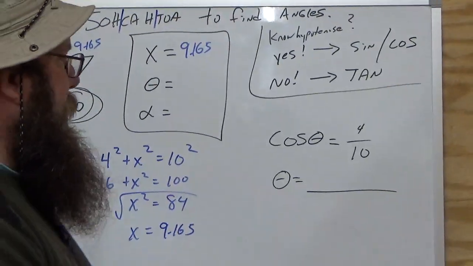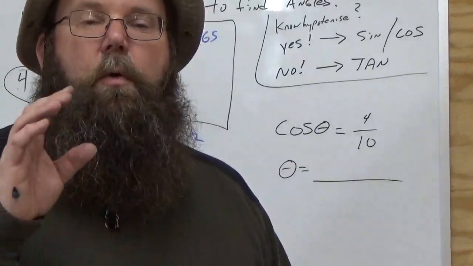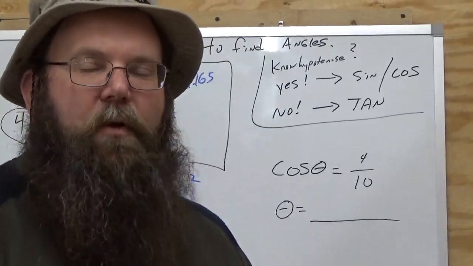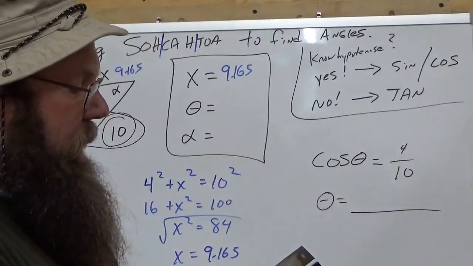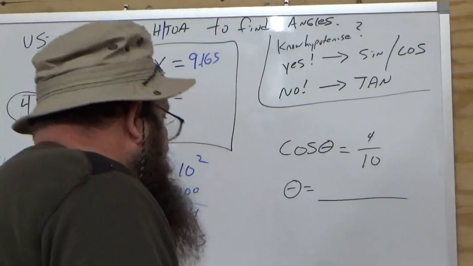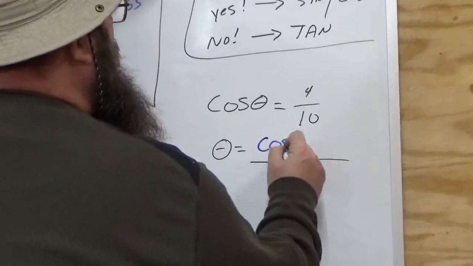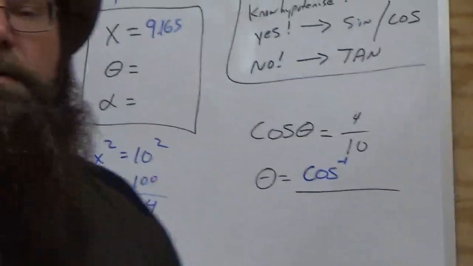Okay? So this is cosine. Here's what you're going to hit. You either have a control key or an inverse key. And here's what we want. We want inverse cosine. So we want this: cosine to the -1. It should be its own key.